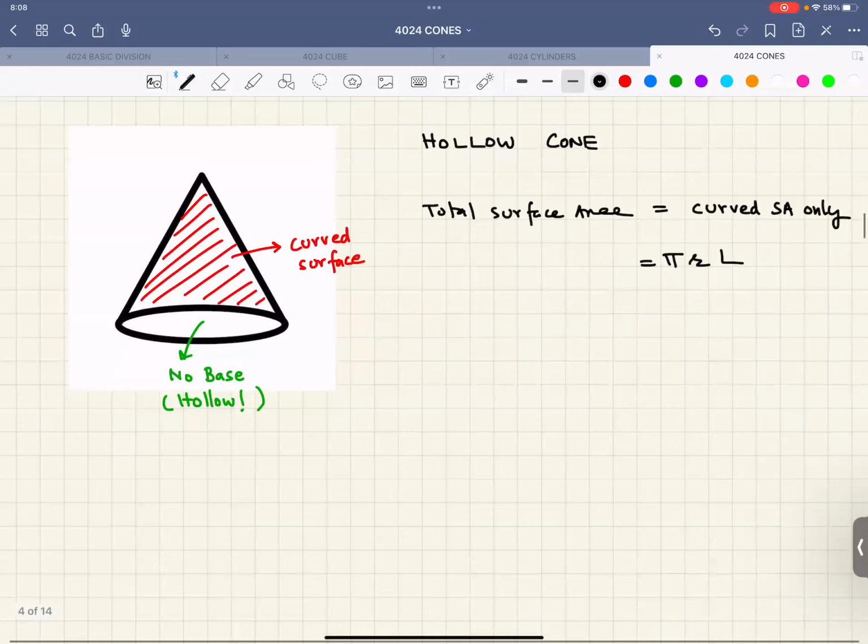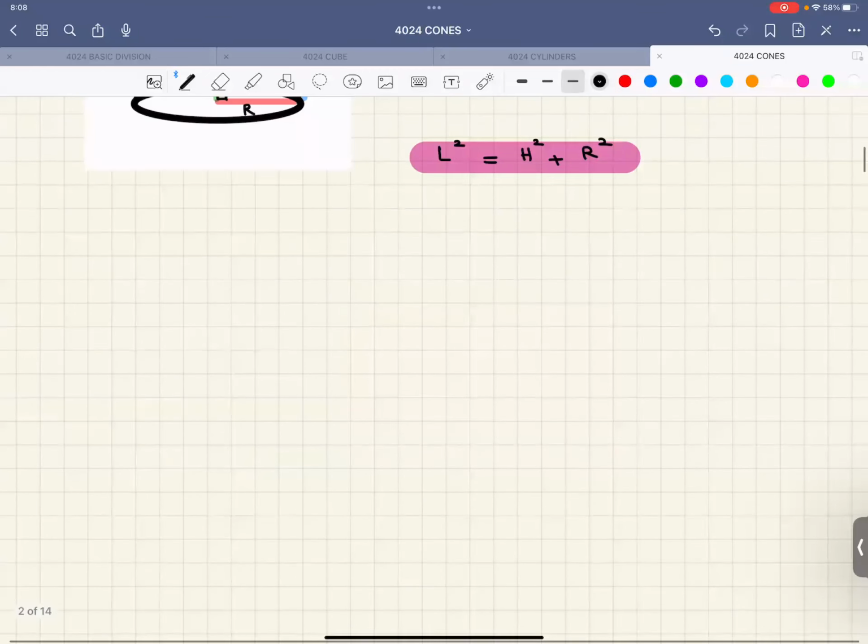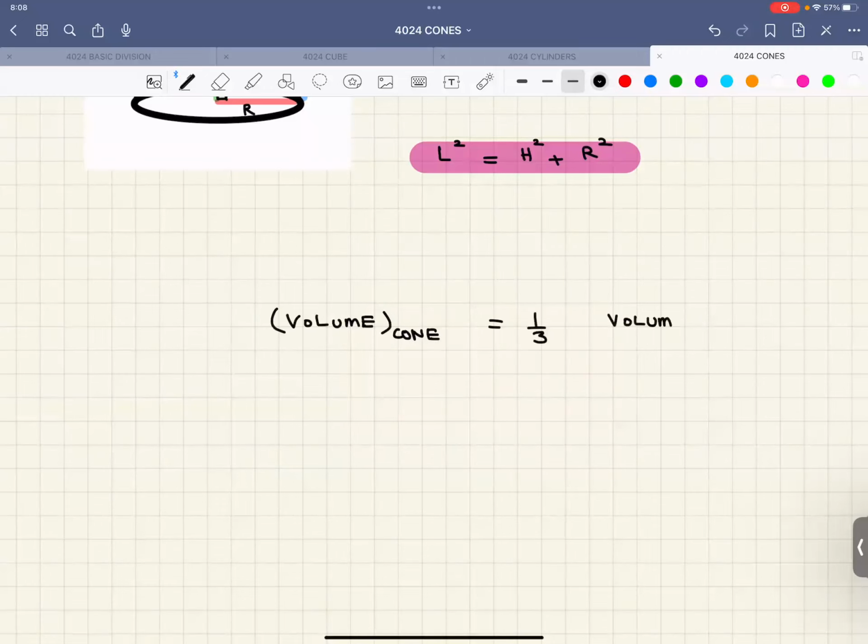Now let's talk about the volume. The volume of a cone is simply 1/3 the volume of a cylinder. Just remember this rule, which is 1/3 pi R square H. That's the volume of the cone.